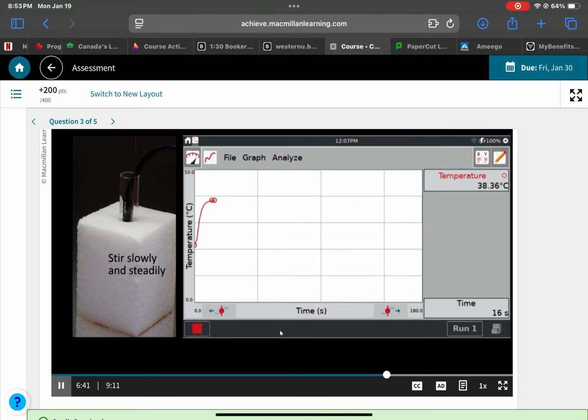Note, data collection has been speeded up for the purposes of this video. The experiment will automatically stop after 180 seconds.